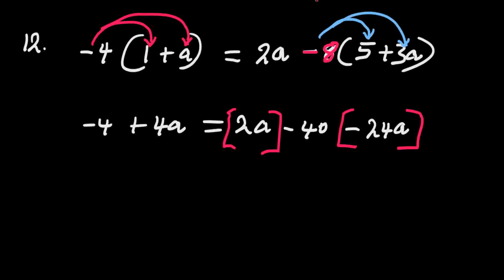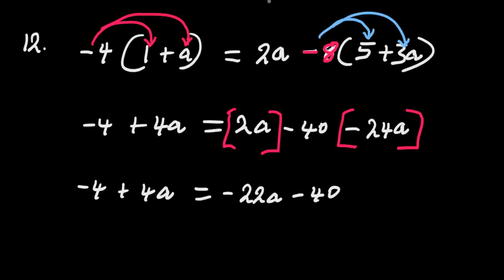So if you combine these two terms, then we are going to have negative 4 plus 4a equals 2a minus 24a will give us negative 22a.